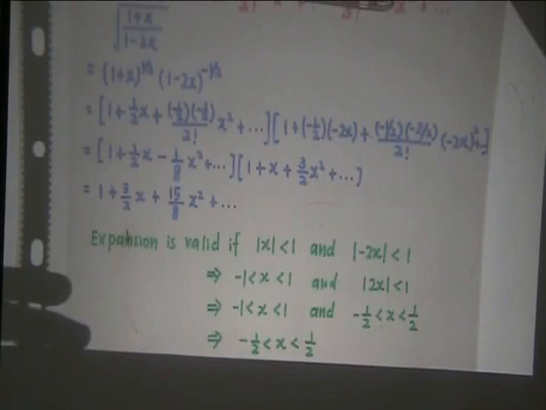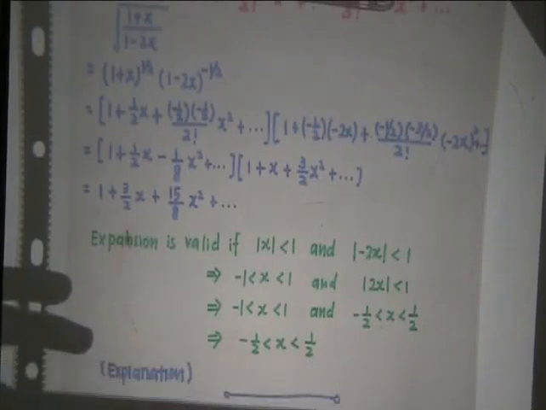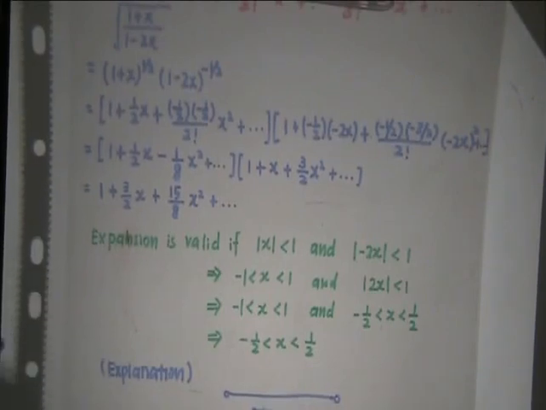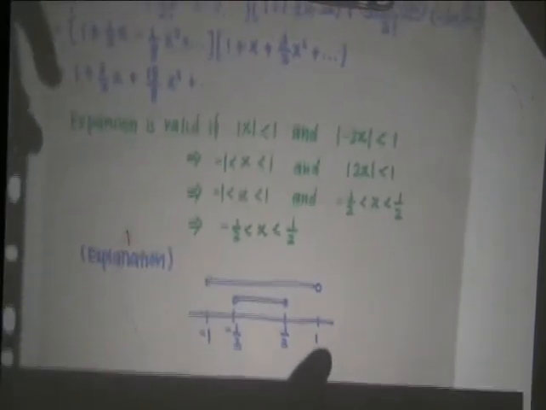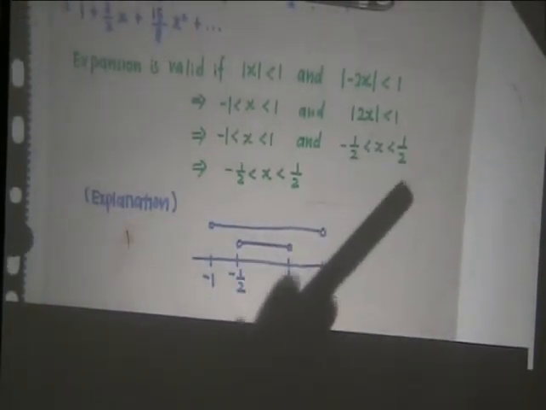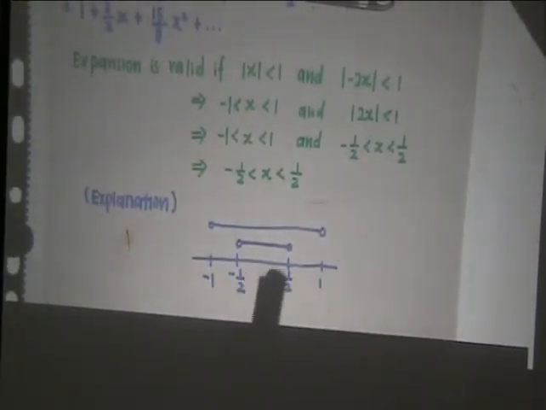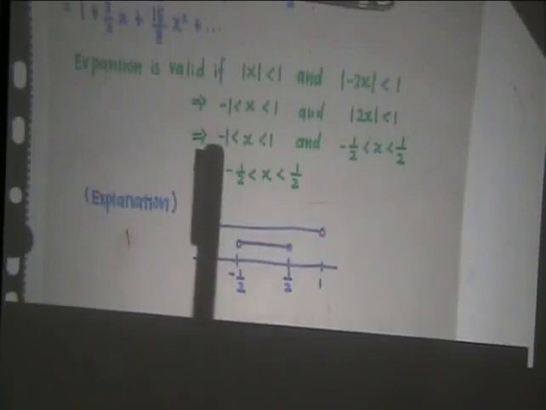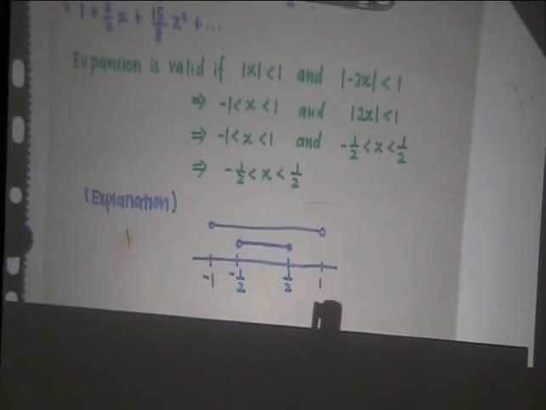So how do I get this? We can look at it by drawing a number line. I have x between minus half and half, and the other one, x between minus 1 and 1. So I look at the intersection. The intersection is the interval where x is between minus half and half.